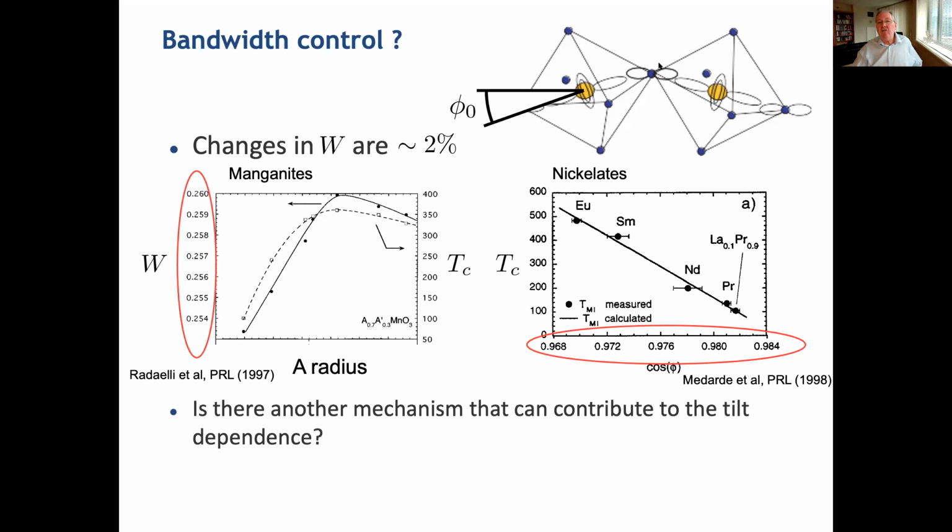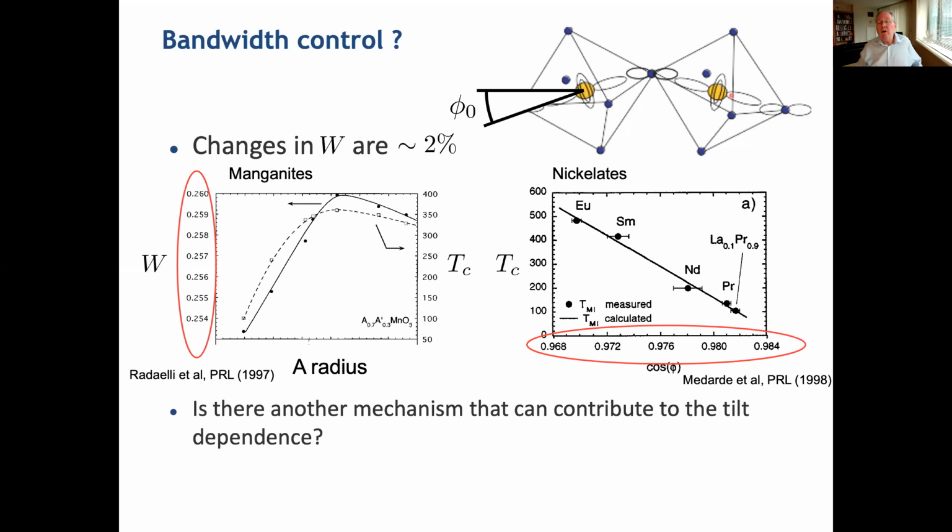And so, of course, that changes the bandwidth of hopping from one manganese orbital to another manganese orbital, because it has to go via an oxygen, and there's basically a cosine theta, cosine phi dependence of this hopping matrix element. So the bandwidth is indeed changed.